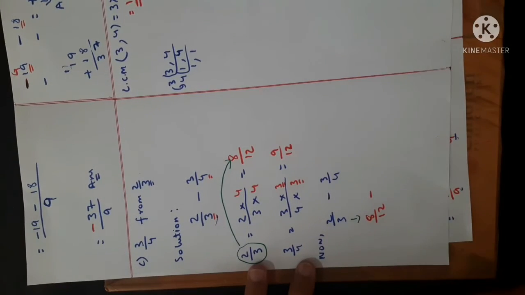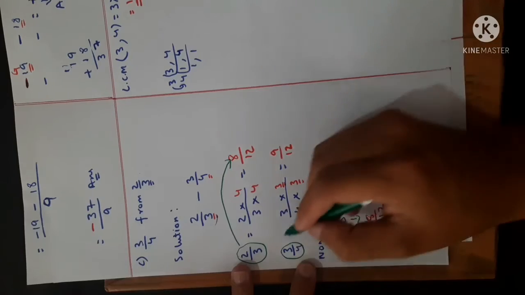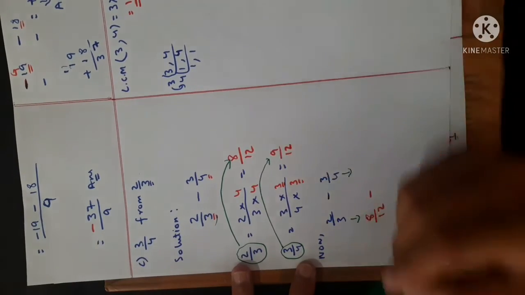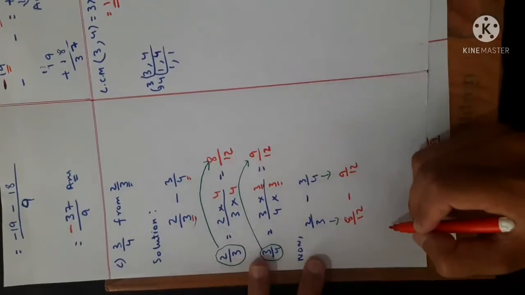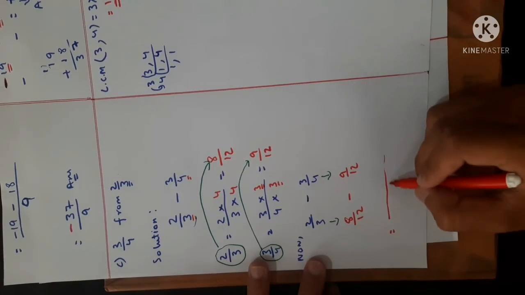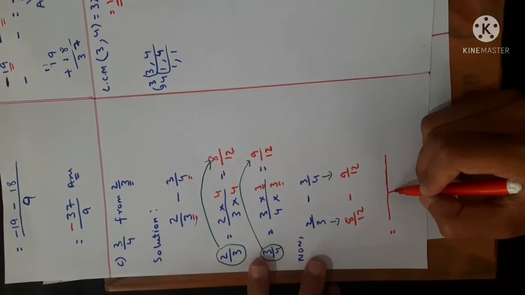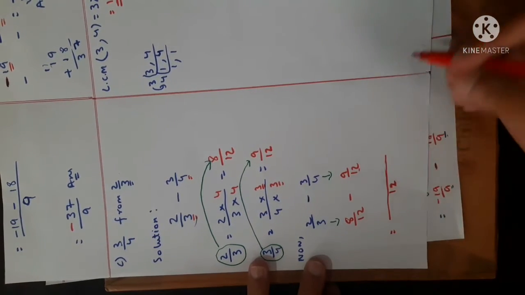So minus. Again, in place of 3 by 4, we write 9 by 12. So since they are of the same denominator, we just write the denominator only once, okay? This is 12, this is 12, so we just write 12.